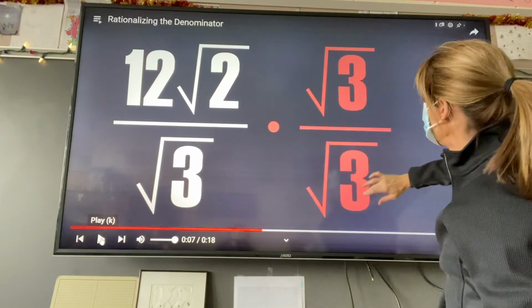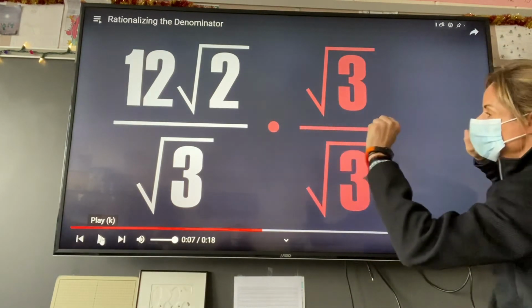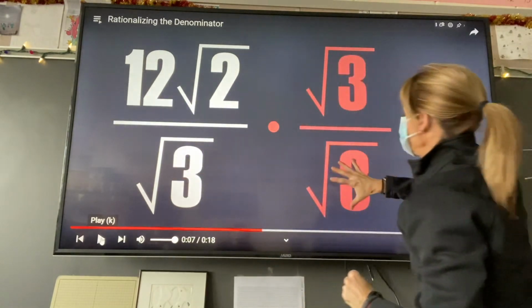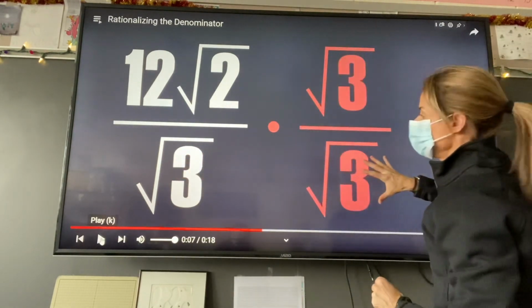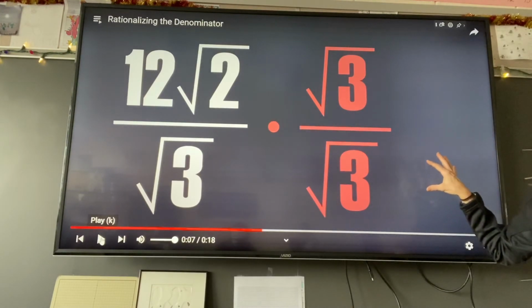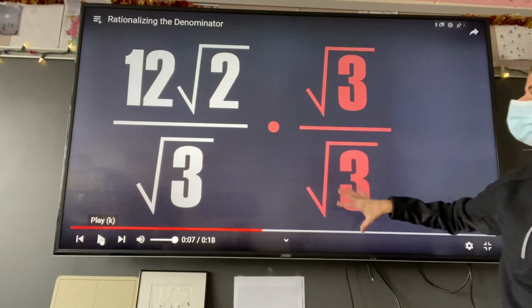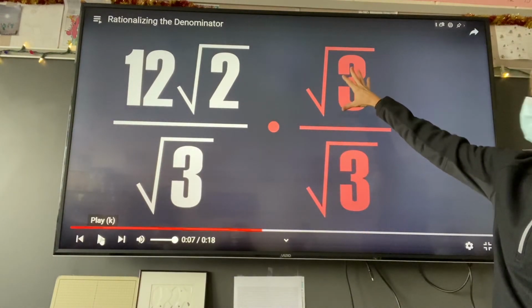It's a 1 because it's a number over itself. What happens is we get rid of the radical in the denominator because root 3 times root 3 is just 3. But we can't just multiply the denominator by a number. We also have to multiply the numerator by that same number.